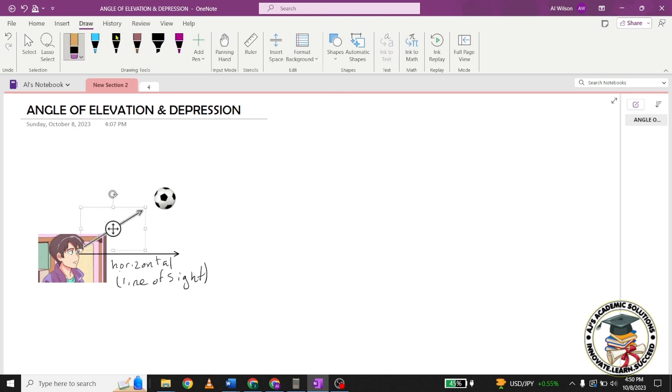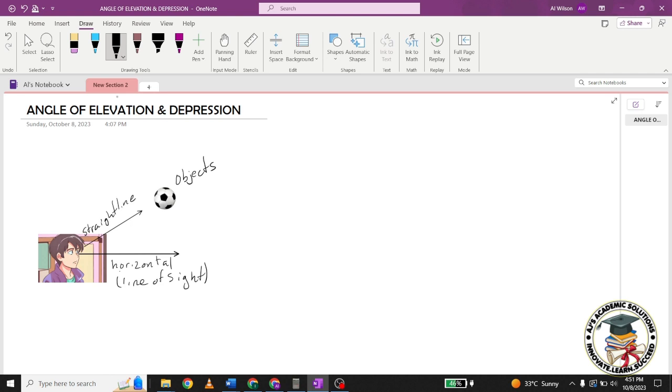If we look here, we would notice that this individual, if he elevates his head or even his eyes, could look straight to the ball. Of course, we're looking at it in a straight line. This ball here, we're going to say it's our object. Now for CXC, the object could be the top of a building. We can have it sometimes as a tower with a person in a boat.